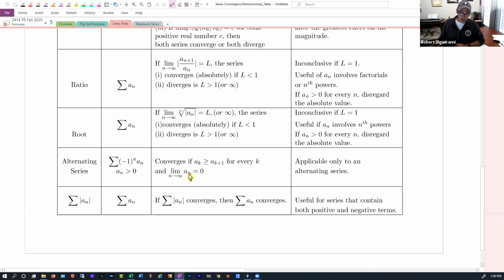And as long as the limit of that thing goes to 0, then it is going to be convergent. And I've never liked this, but this says for every k. It's actually not for every k. It has to hold eventually. It can be increasing for a little while, but eventually needs to be decreasing. Not quite sure why they put that in there, but it doesn't have to hold all the time.